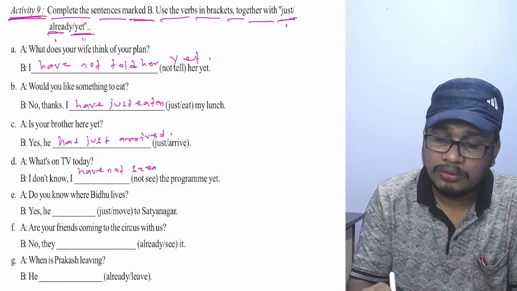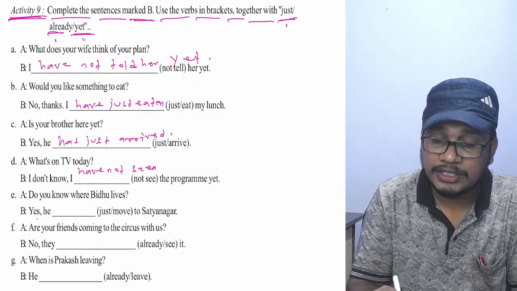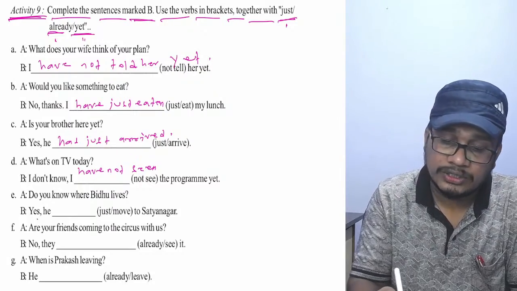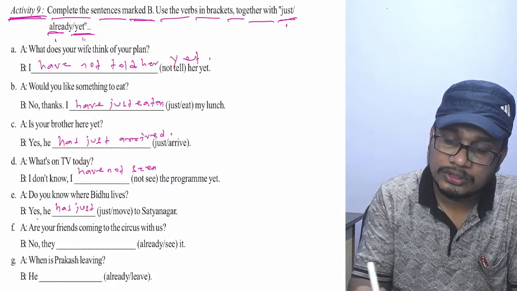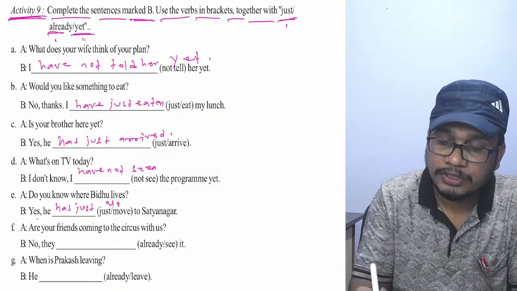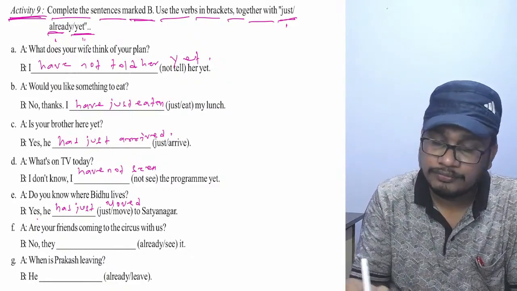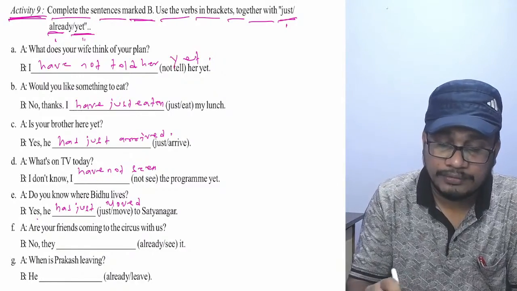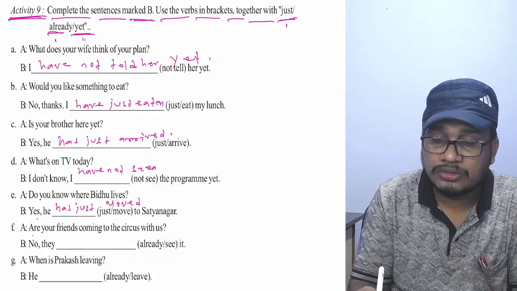Do you know where Bibu lives? A asks. B replies, yes, he has just moved to Satyanagar, using the third form of the verb. Then F: are your friends coming to the circus with us?